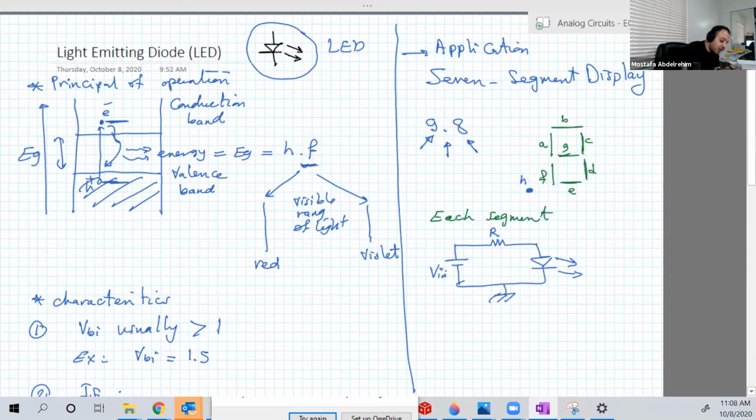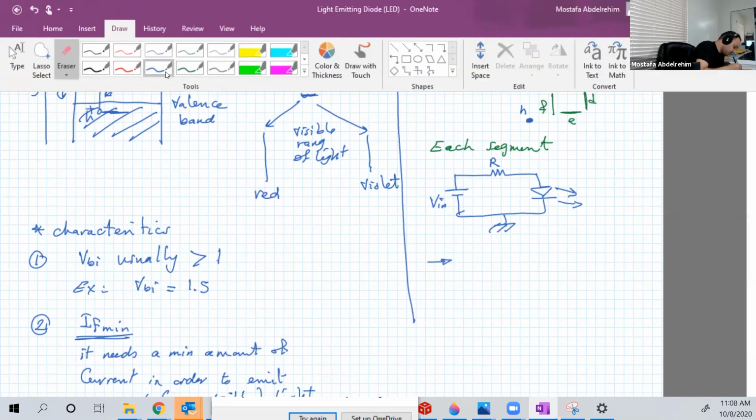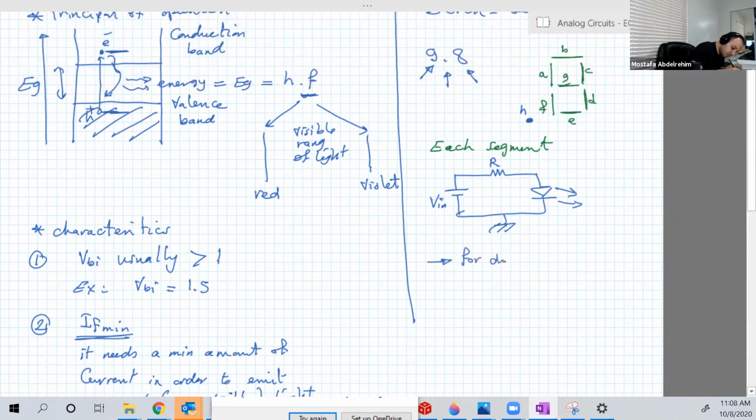So for example, if you want to see, let's say, the 4-digit 0, then you will light all of them actually, except G. So here you will light something like this: A, B, C, D, E, F, except G.